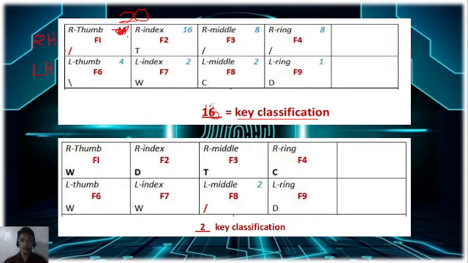Syempre hindi na po siya 16 but it's already 20. So dito po sa key classification wala po tayong denominator, so it's purely just numerator. Kasi isa lang yung hinahanap natin: the first loop appearing on the set of prints, or the first whirl pattern appearing on the set of prints, okay? The ridge count of those loop and whirl pattern.